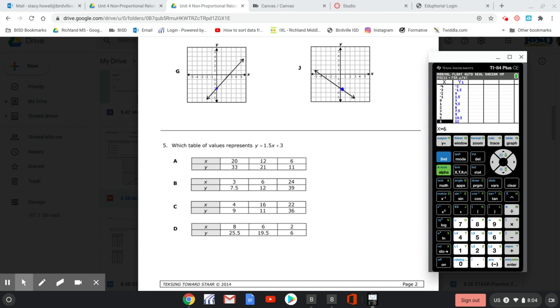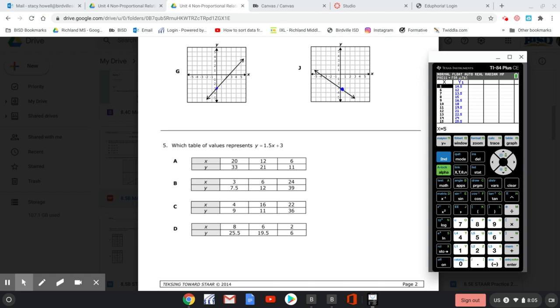Let's see. Yes. When x is 12, is y 21? Yes. And when x is 6, is y 12? No. This one says 11. So we got to go to the next one.